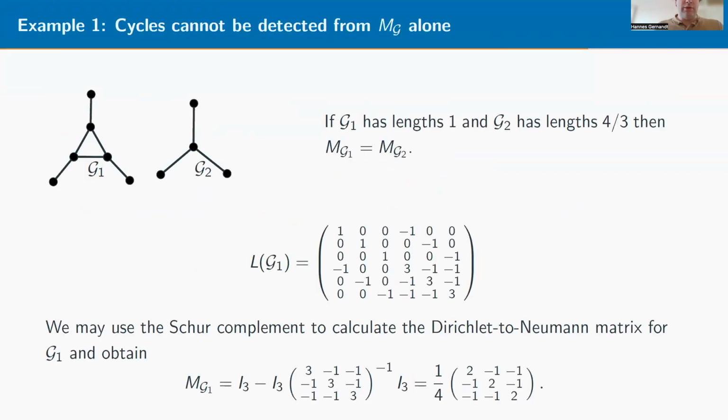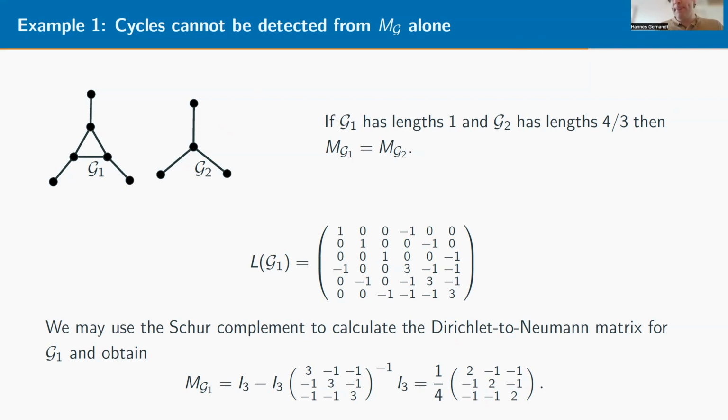The first example, both examples show in a certain sense that the results are sharp. In the first example, the main message is that cycles cannot be detected from the Dirichlet-Neumann map.